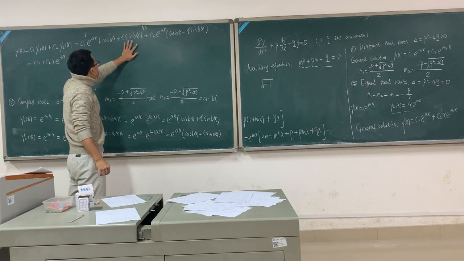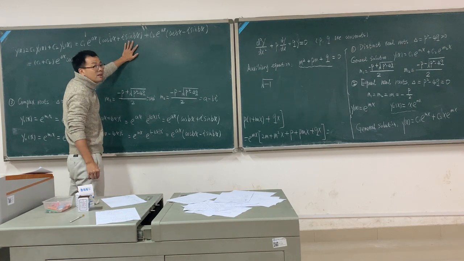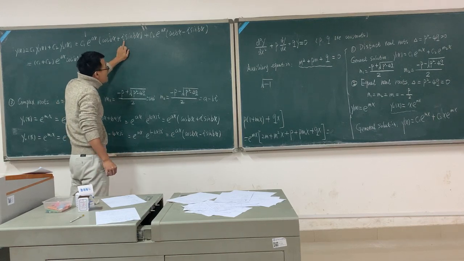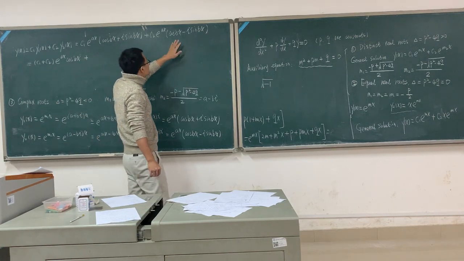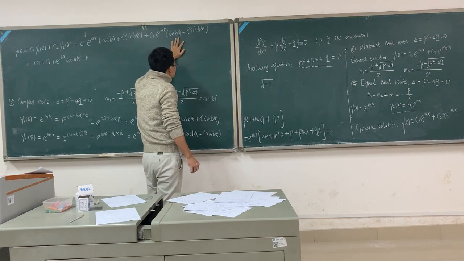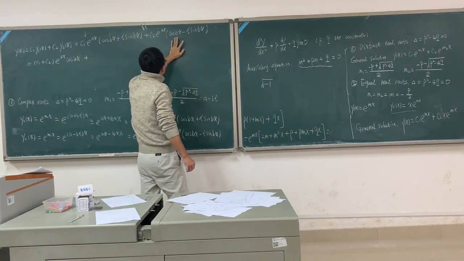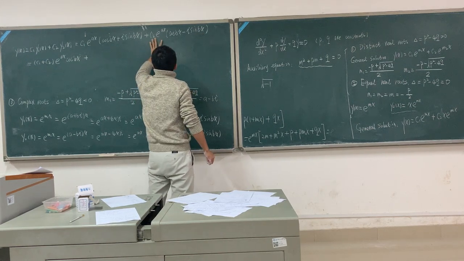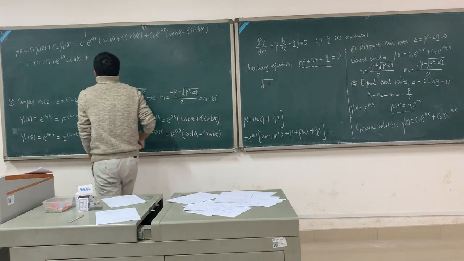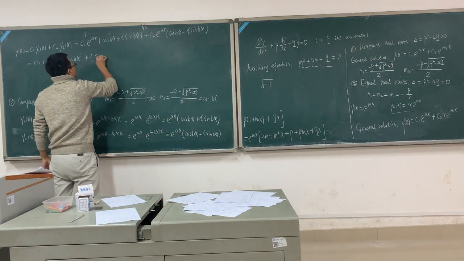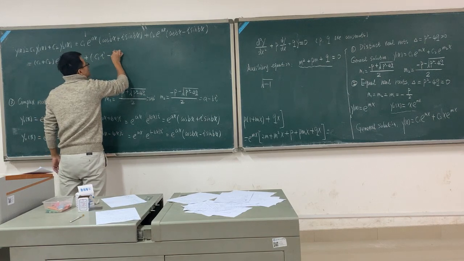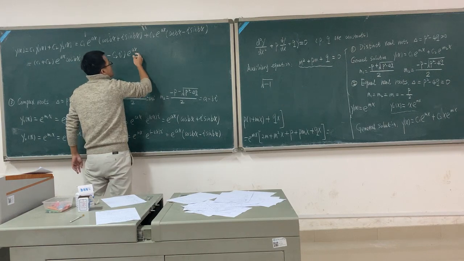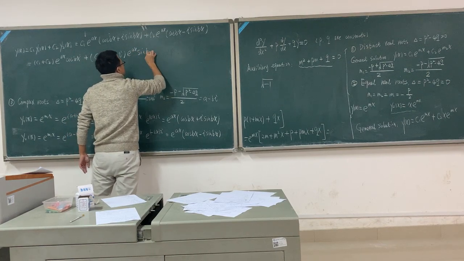In the second part of the first term, we have a coefficient c1 times i, and in the second part of the second term, we see e^(ax) sin bx with the coefficient c2 times minus i. So here actually is c1 i minus c2 i, times e^(ax) sin bx.